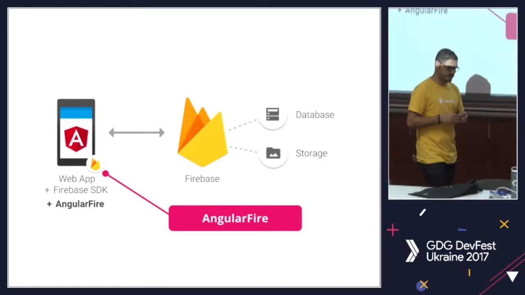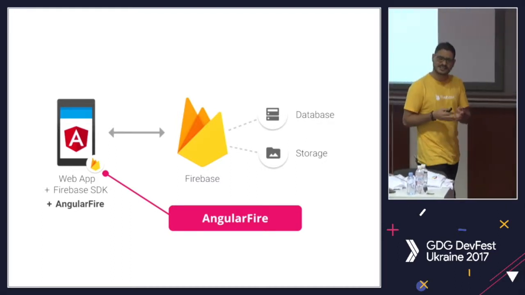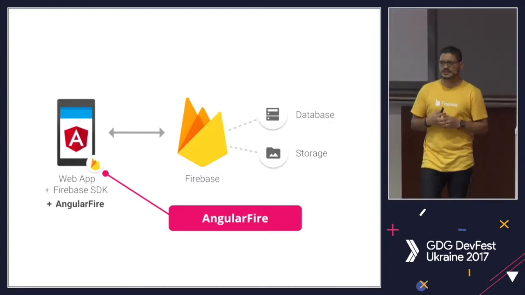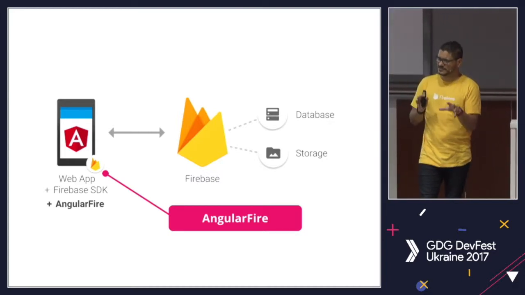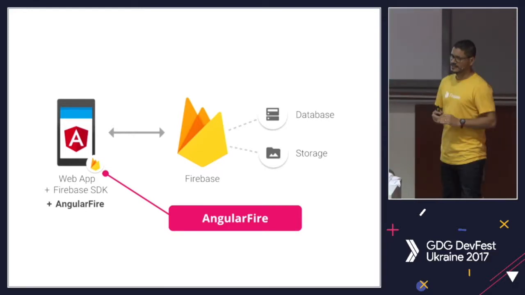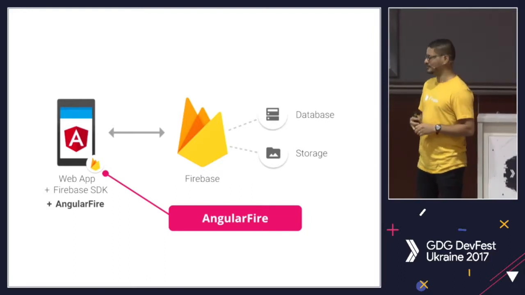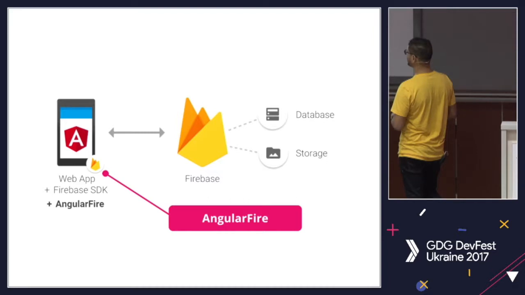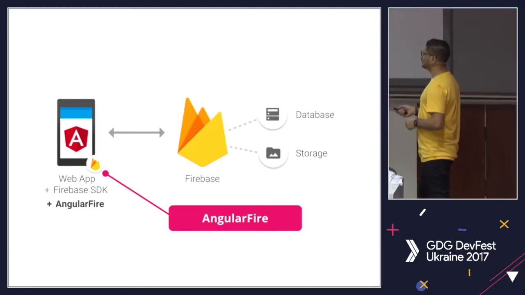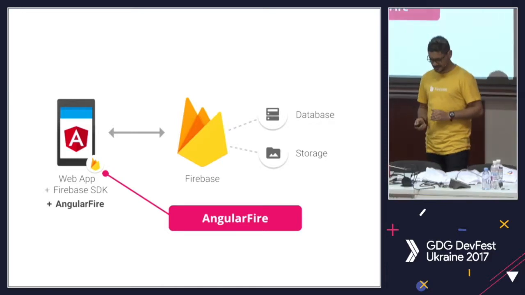It's kind of confusing right now because AngularFire was for AngularJS and AngularFire 2 is for Angular 2+. But the guys decided to call it AngularFire even though the GitHub repository is called AngularFire 2. Maybe they are going to change this soon. So basically, what AngularFire does, it wraps the Firebase JavaScript SDK with some Angular magic, okay?